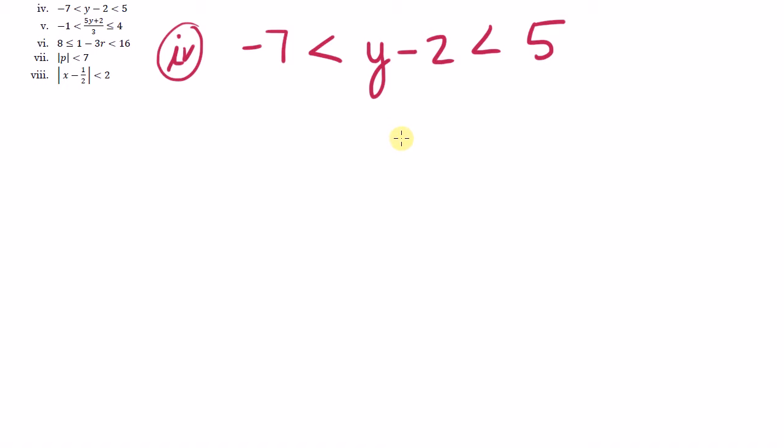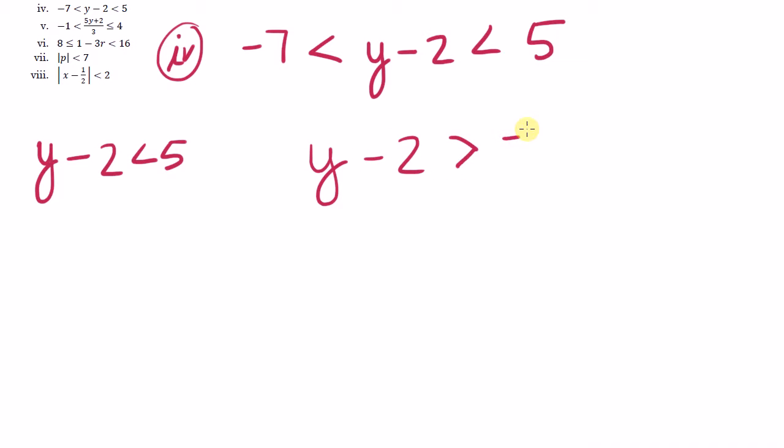Literally, this is like saying y minus 2 is less than 5 and y minus 2 is greater than negative 7. It's two different inequalities in one.